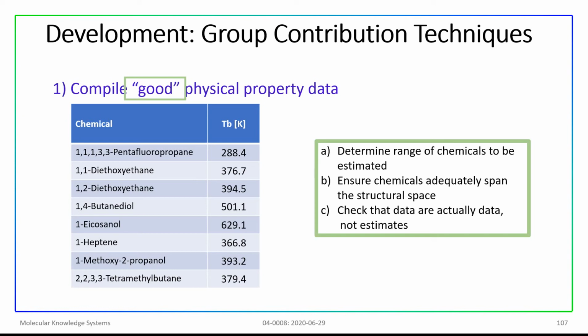Are we considering many functional groups such as acids, alcohols, esters, or just a few functional groups such as hydrocarbons? And finally, we need to check that our data are accurate and that our data are actually data, not estimates. Unfortunately, many physical property compilations today contain a considerable amount of estimated values.